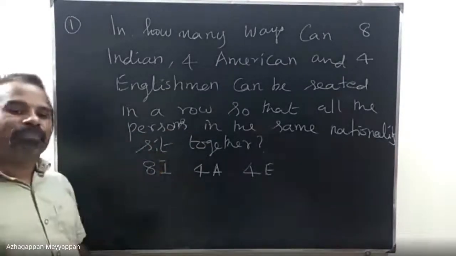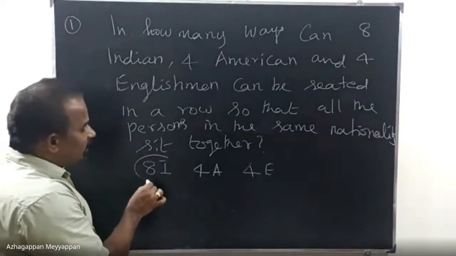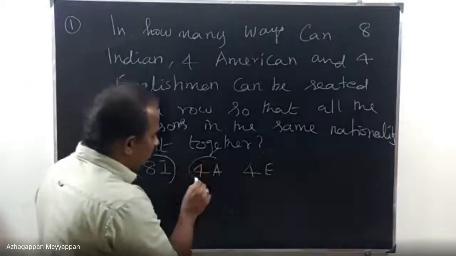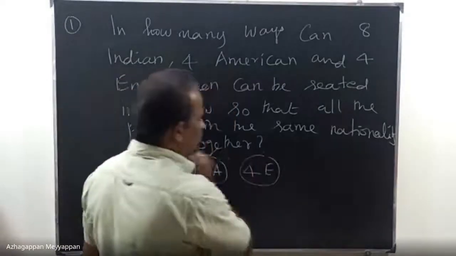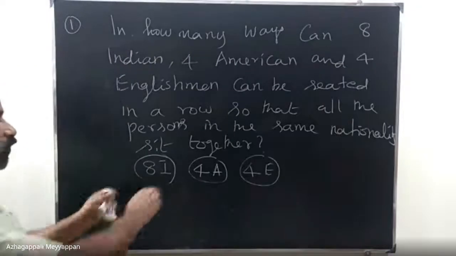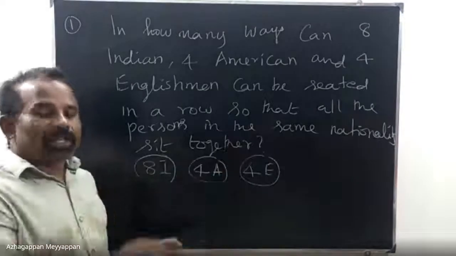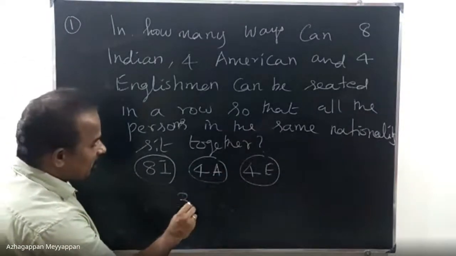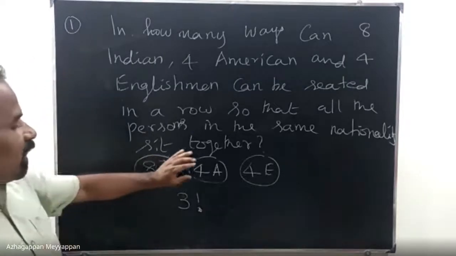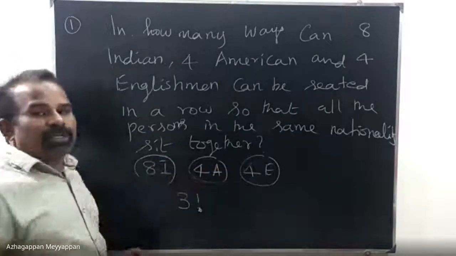First of all, you have to consider the 8 Indians as one letter, the Americans as another letter, and the Englishmen as one more letter. So these 3 can be arranged in a row in 3 factorial ways. Indian, American, Englishman can sit in 3 factorial ways.